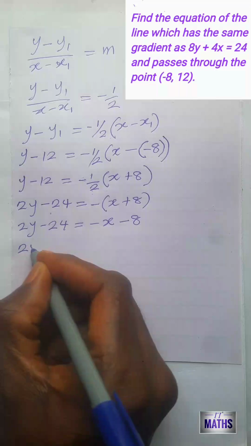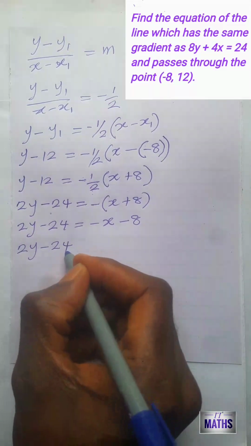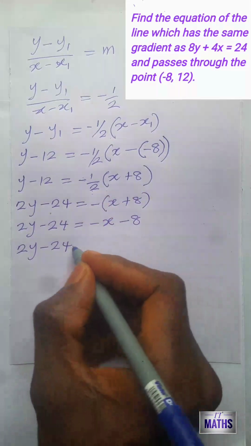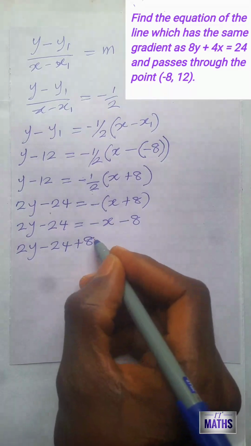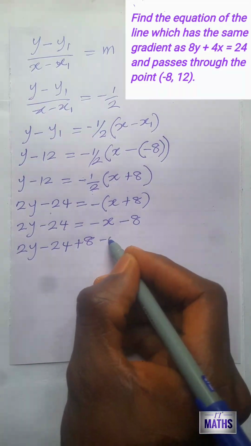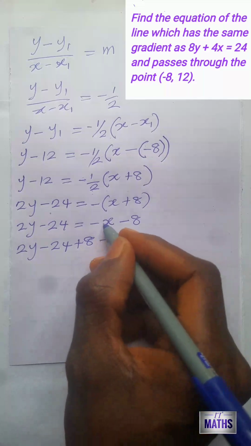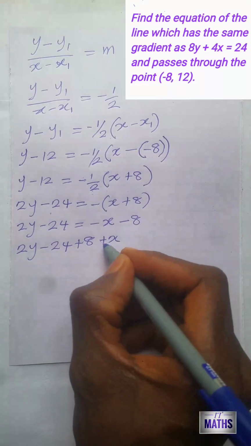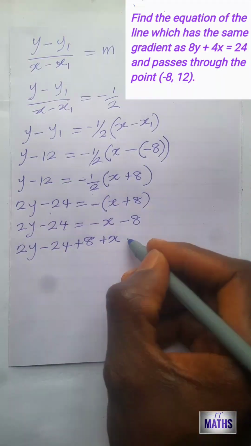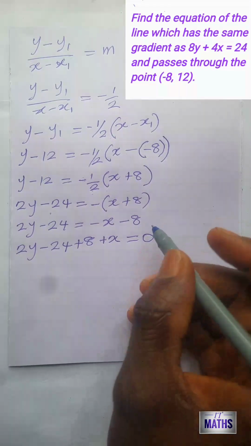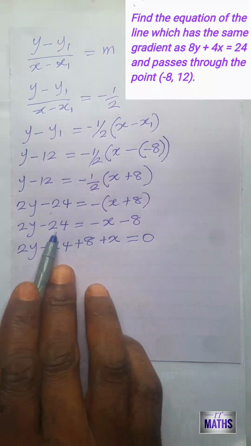So I have 2y minus 24. First, let me bring 8 to 24. This minus here becomes plus here, and this minus x becomes plus x rather. So x comes over here and becomes plus x is equals to 0. Now these two can add, right?